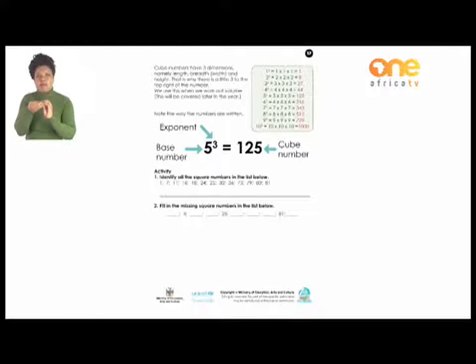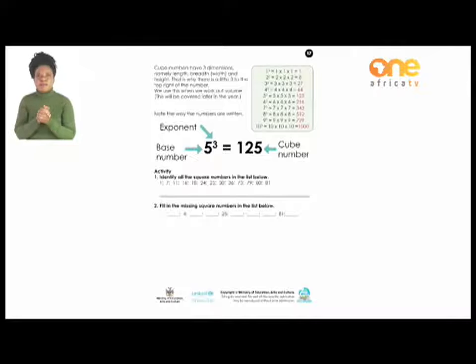We use this when we work out volume. This can also be covered a little bit later. Note the way the number is written. There is an exponent, which is 3, which is also the power. There is also the base, which is 5, and the product or the cube number, which is 125.